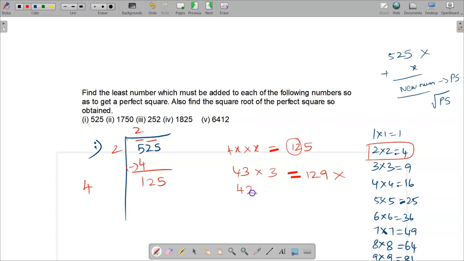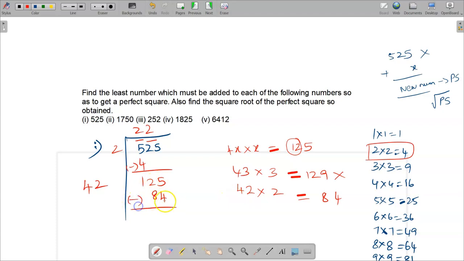So let me check with the number 2. 42 into 2: 2 2s are 4, 4 2s are 8, so it is now 84. I am not getting exactly 125, but somewhat nearby, 84.